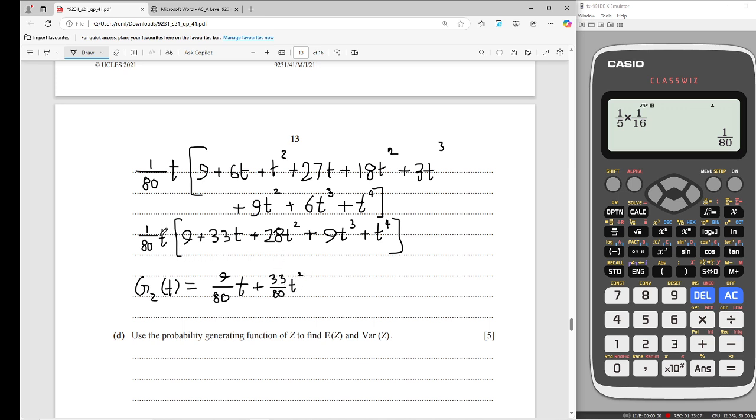All we're doing is multiplying by 80 with each of these, and we get here 28/80 t cubed. Add this on with 9/80 times t to the power 4.